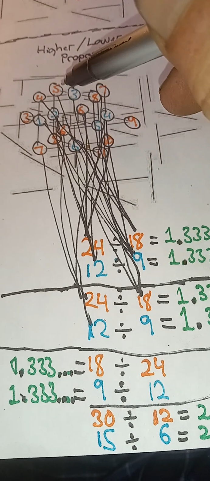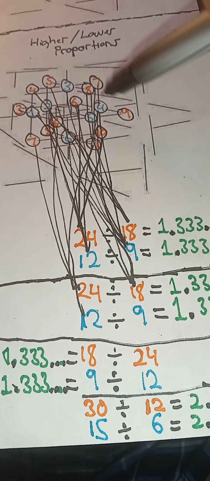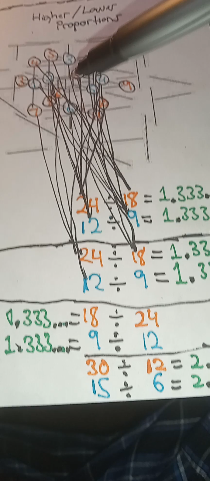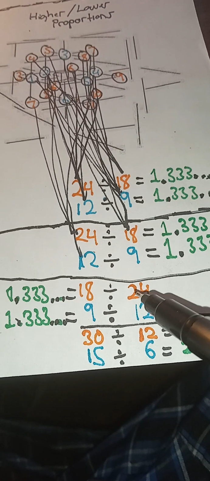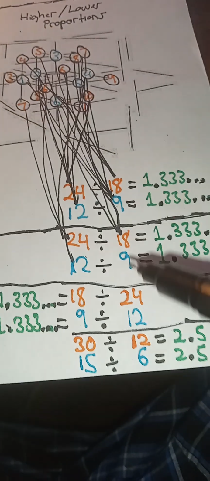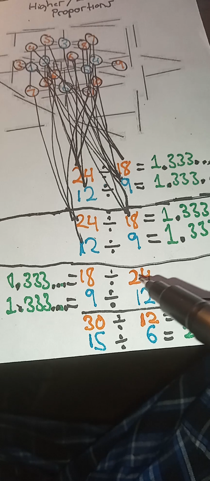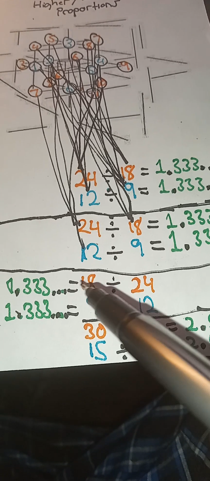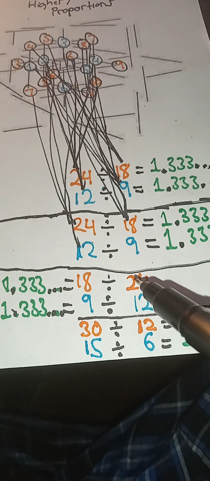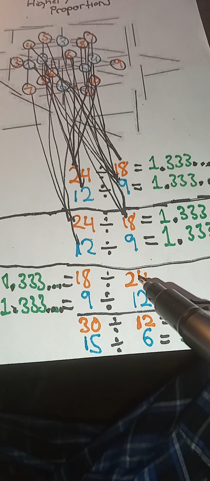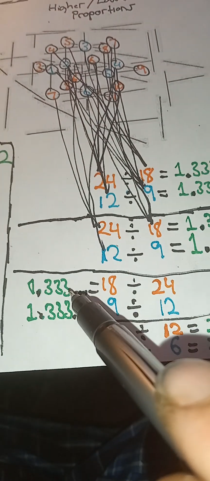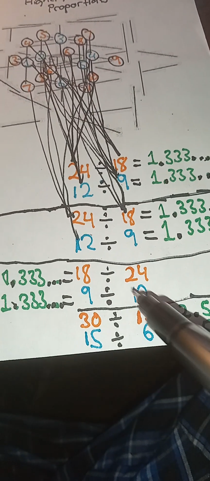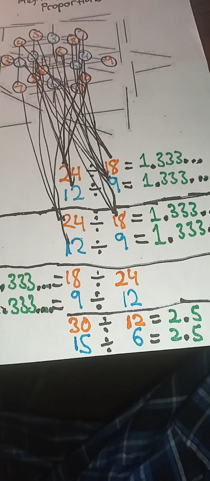But at this angle, it's the same thing but reversed. So I did it in reverse, and that is almost a commutative thing to do. 18 goes into 24 1.333 times. 9 goes into 12 1.333 times.